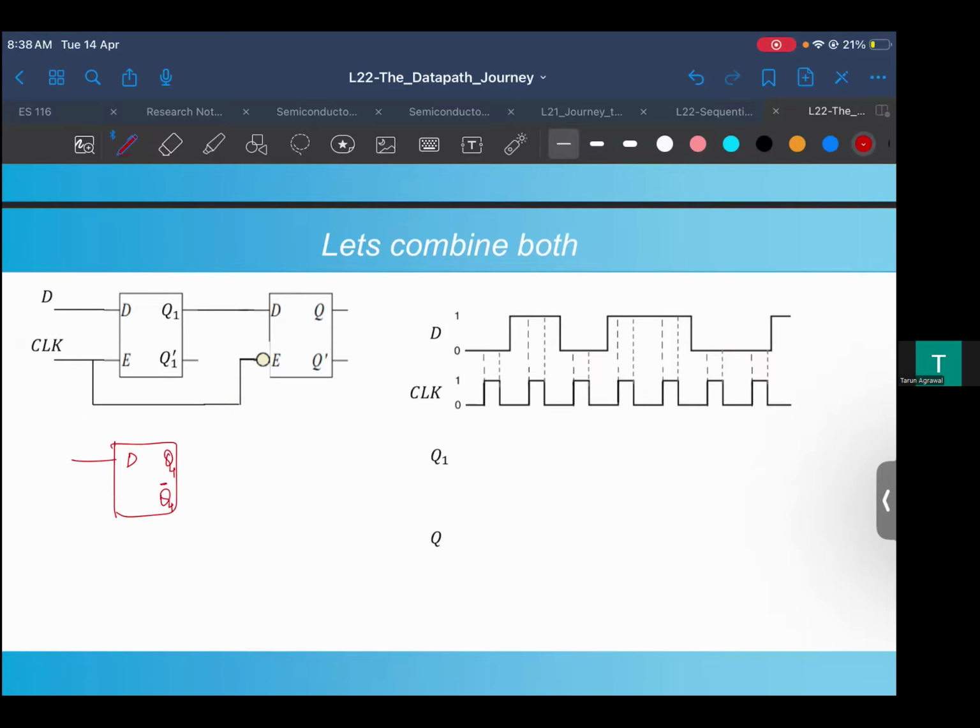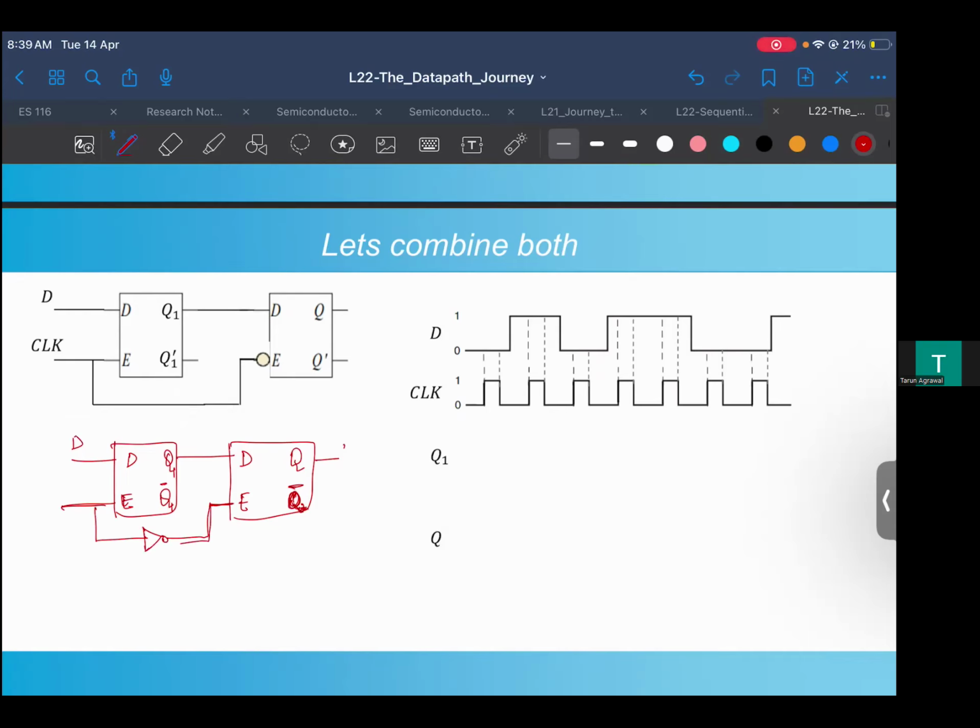You have a clock which goes into E, which is your enable signal. D is passed here, and then this is Q2 bar, or Q bar. And this E is coming from an inverter.